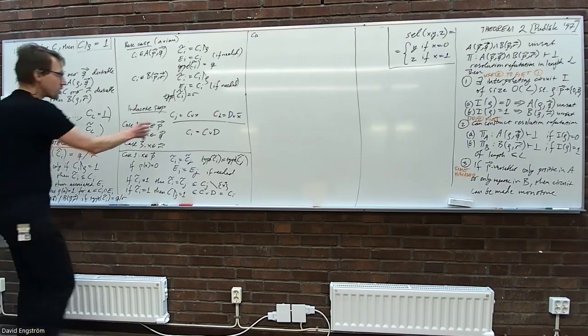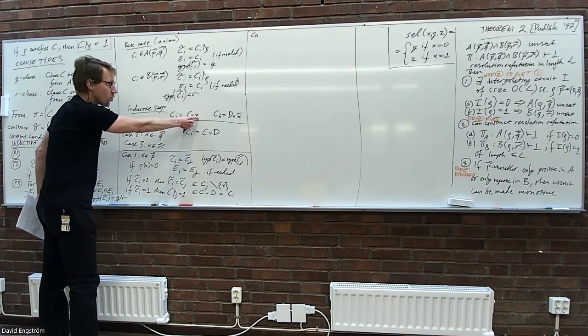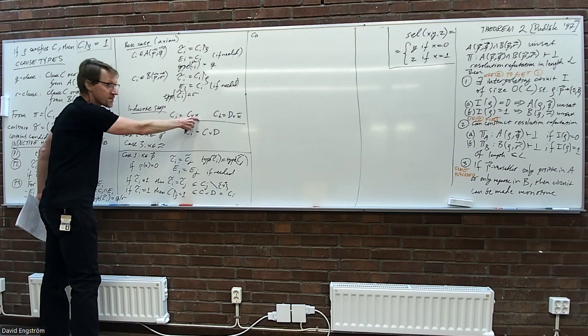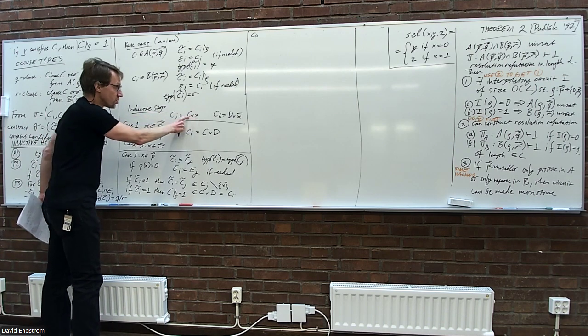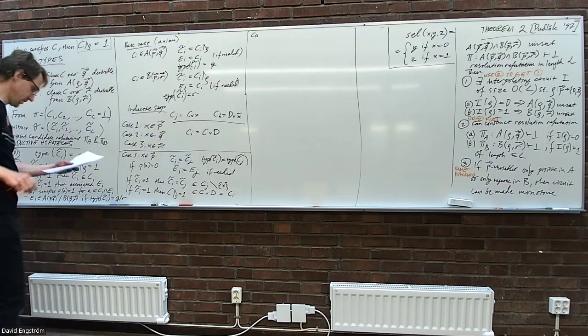Why? Well, I know that this restricted by rho is 1, but X is false, so X is clearly not what rho sets to true, so rho has to set C to 1.